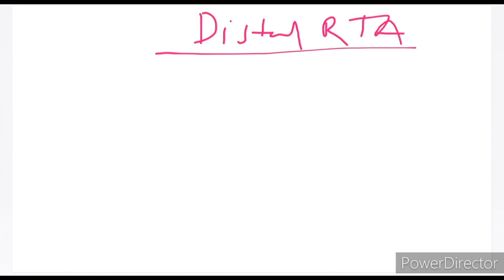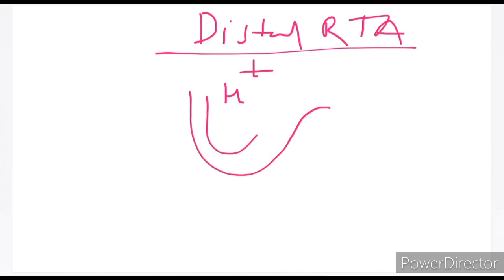Now we have distal RTA. In distal RTA, we know that there is impaired H plus secretion in the distal tubule.